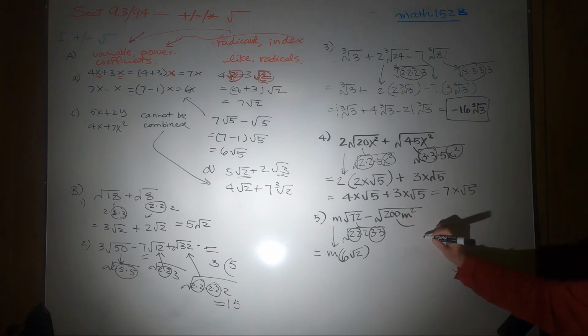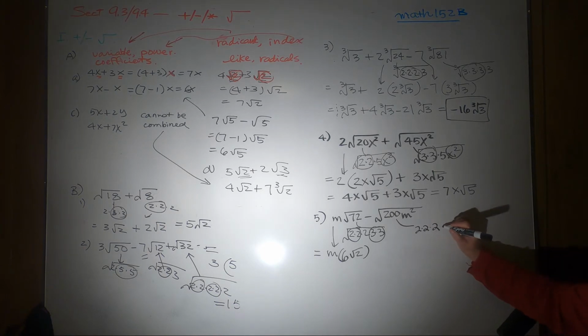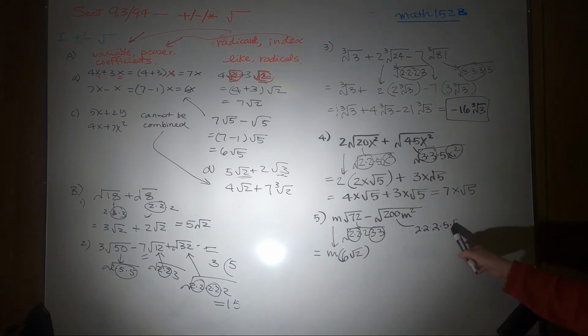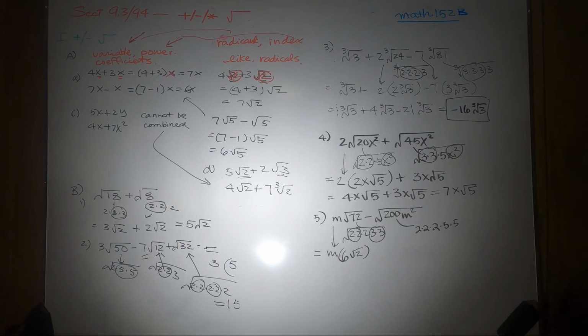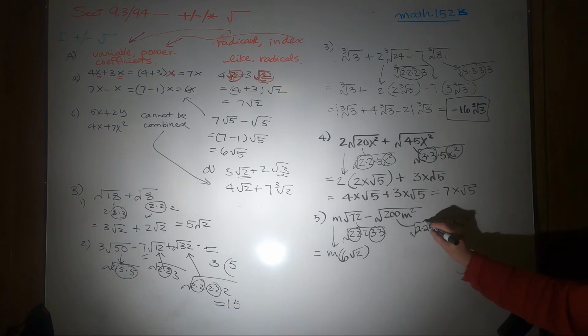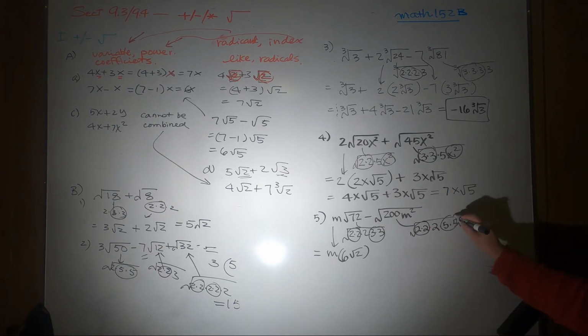Then for this one, 200 is what? 2 times 2, 4 times 2, 8 times 5 times 5. Let me see. 25, 50, 50 times 4, 200. Yes. Okay? Then you have m squared here. So that's your twin, that's your twin.